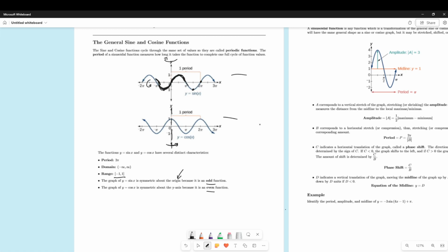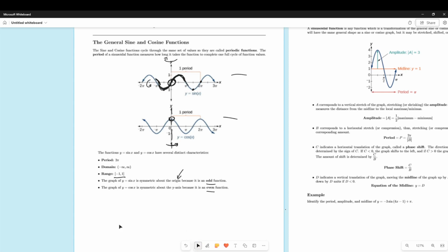So often you'll see us choose whether to use cosine or sine depending on whether we want to consider our function to be starting at a maximum or minimum, versus whether we want to think about our function starting at its center line. If we want to start at the center line, we'll think in terms of sine. If we want to start at mins or maxes, we'll think in terms of cosine, and then modify the functions from there.